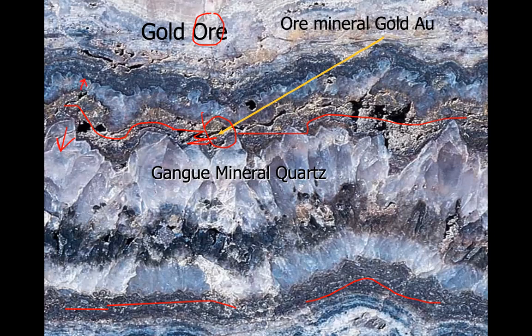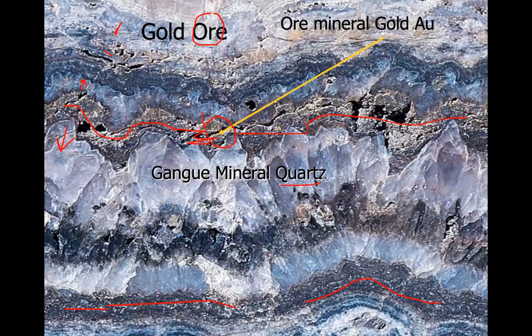Here also you have a gold layer, and on either side of the gold layer you have some host rock. In this situation, the host rock is mainly composed of quartz, right?